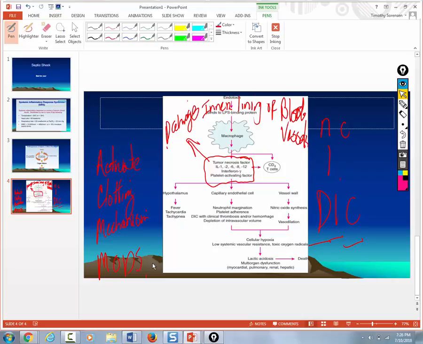Now watch. If your liver begins to fail because you've got DIC in your liver, and the liver makes blood clotting factors, the DIC will cause later, as the shock progresses, for these people to bleed out and hemorrhage.